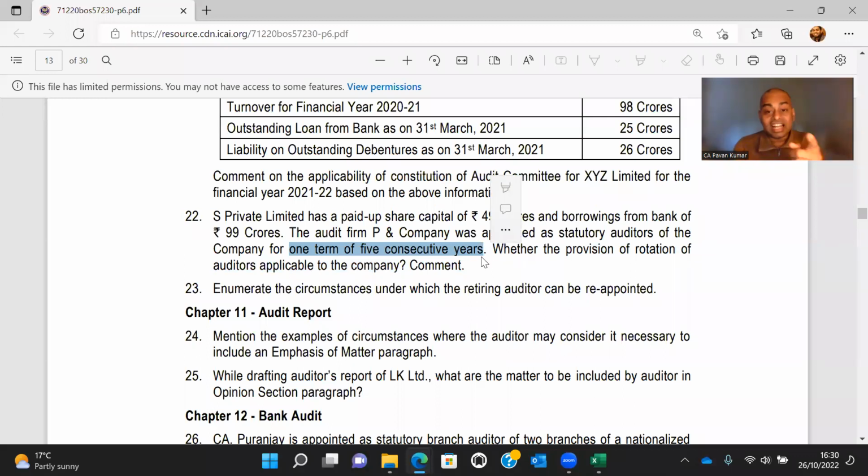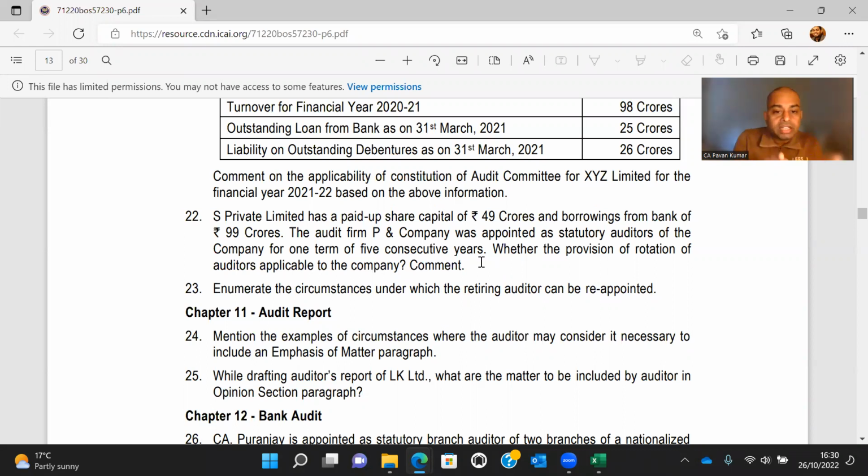Till this it is valid. I am not speaking about rotation of auditors. I am speaking about appointment of the auditor. Appointment is valid because it is made for one term of 5 consecutive years. Rotation comes in the second term, no? Whether P and company can be reappointed again, then you need to look at rotation provision. Now rotation provision is not required.